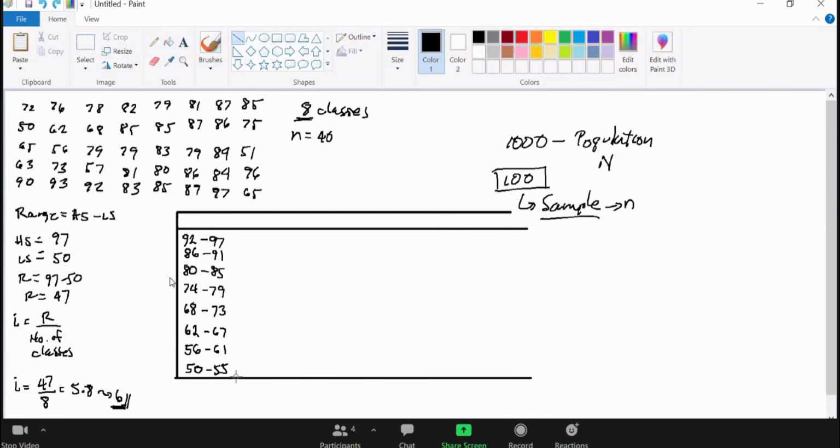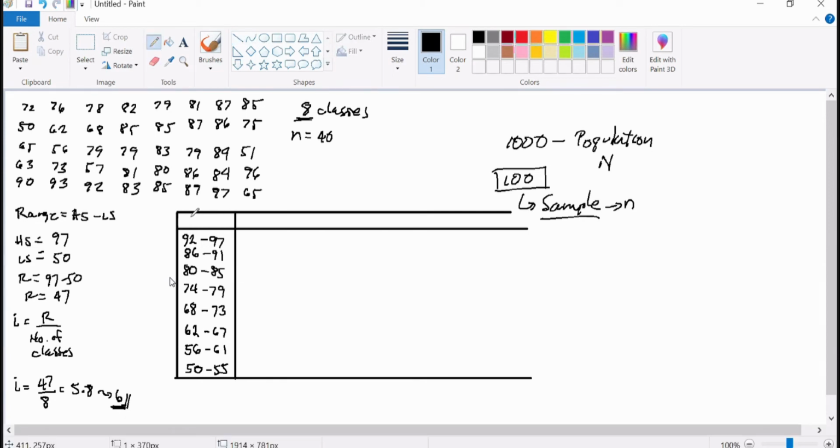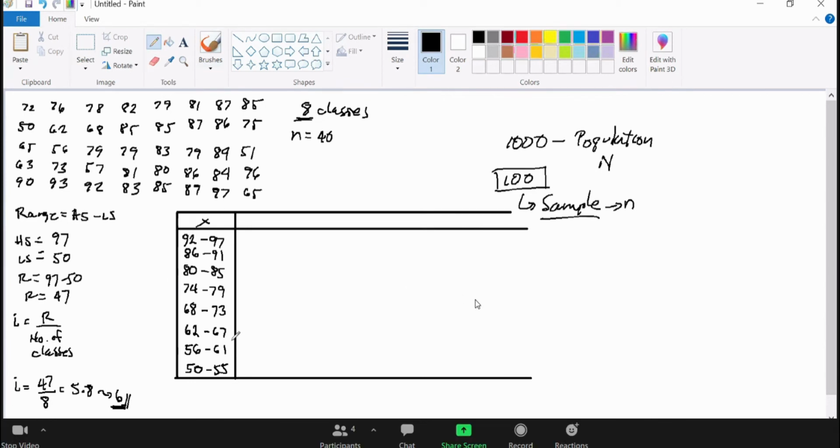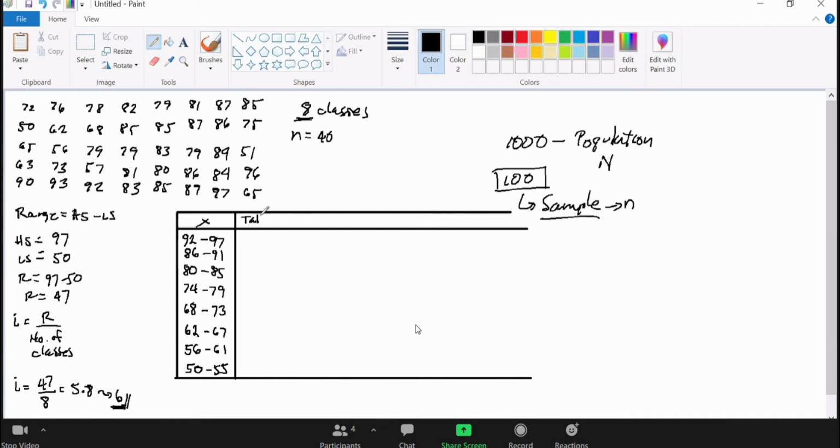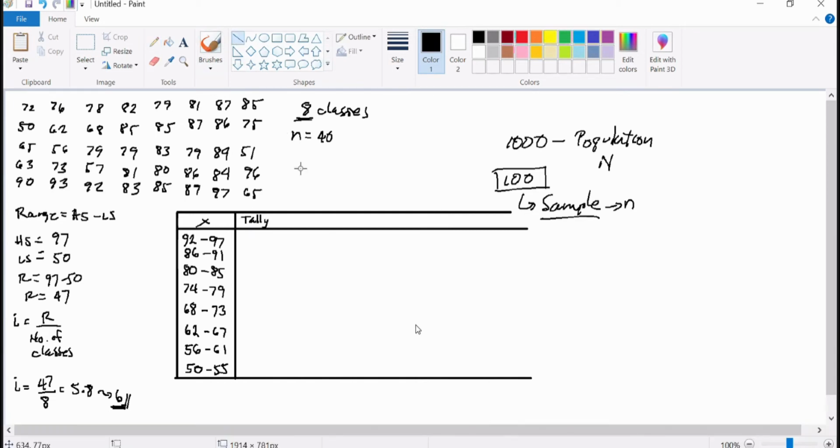Next, this is now our X values. At this point, I want you to transfer the information by getting your tally. Tally the info.